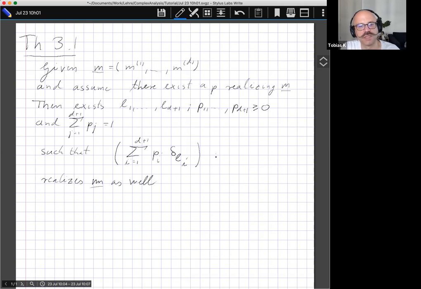So that means that this probability as a function of J, how does it look like, it is equal to PI if I'm at the place Li and 0 otherwise. So I have d plus 1 places in which I have some probability and the rest is 0.